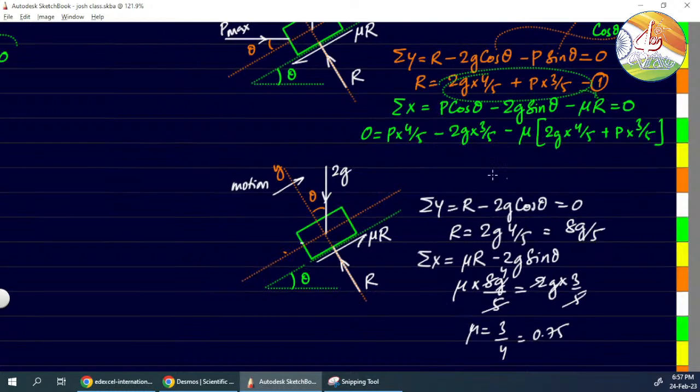So this is the value of mu. Now since we know the value of mu, we can substitute here and we will get the value of P.